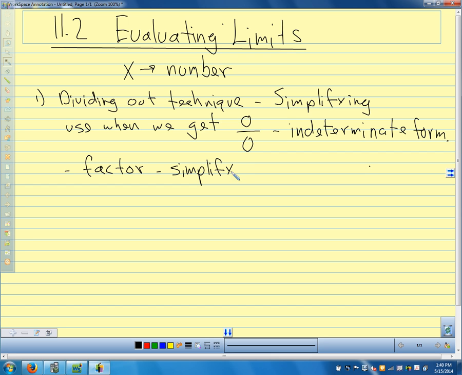Simplify might also mean, as we did when we were doing trig identities, that we might have to add fractions, find common denominators, that kind of thing. So simplifying can mean lots of things depending on what our function looks like. So factor, simplify, and then we find the limit of the simplified function.